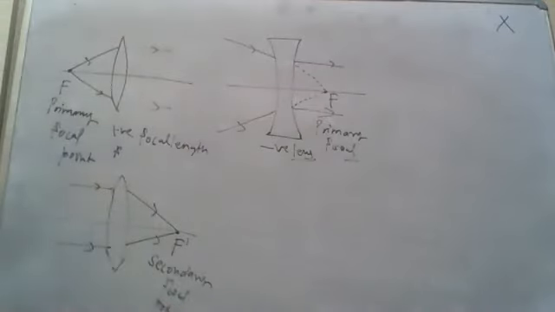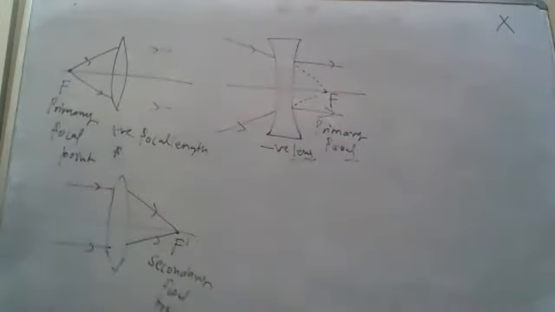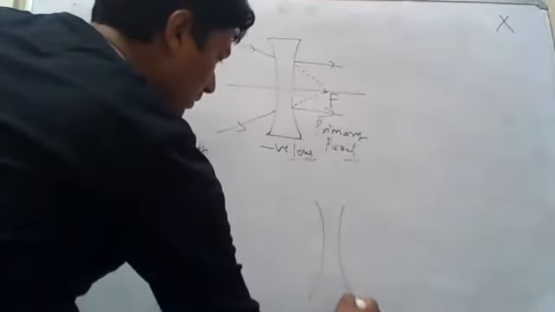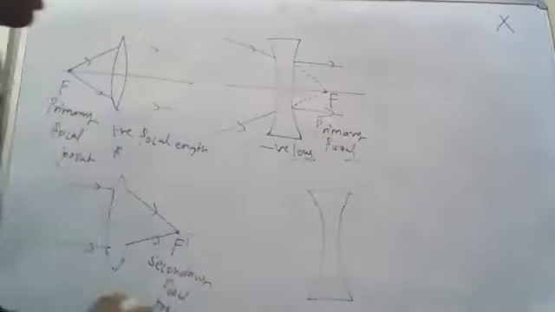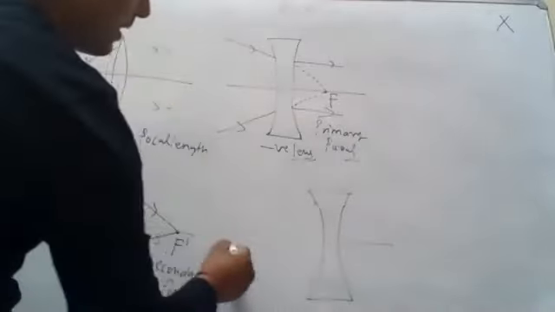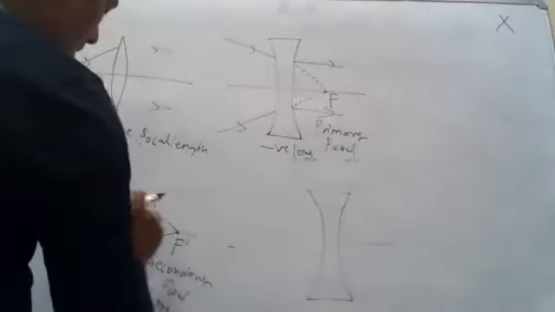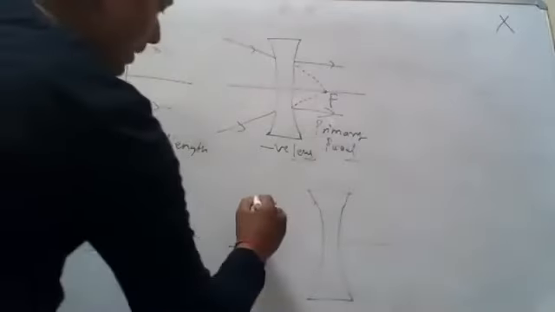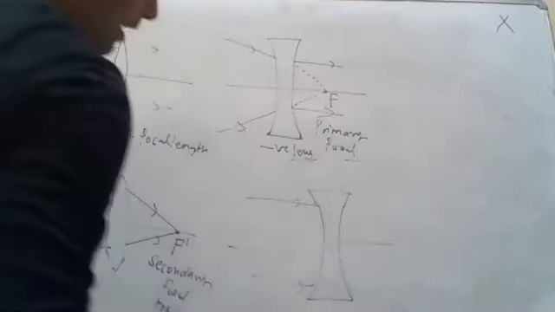Okay. Similarly, one can define the secondary focal point for this concave lens. If this is the concave lens and this is the principal axis, again the parallel light is going to be focused. So here also we have to draw a parallel line. So what will happen in this case?